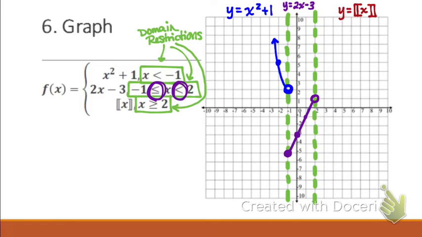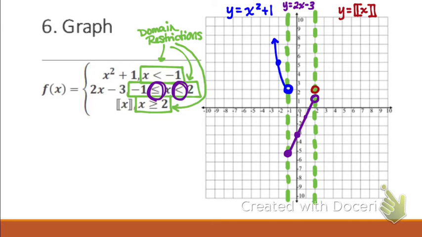So I'm over here on this side. I know it's going to look like steps. Because it is the parent, I know each step is going to be 1 unit wide. I need to figure out where they're falling. Yep. So at an x value of 2, what is the greatest integer if I have an input of 2? 2. Whole numbers are what they are.